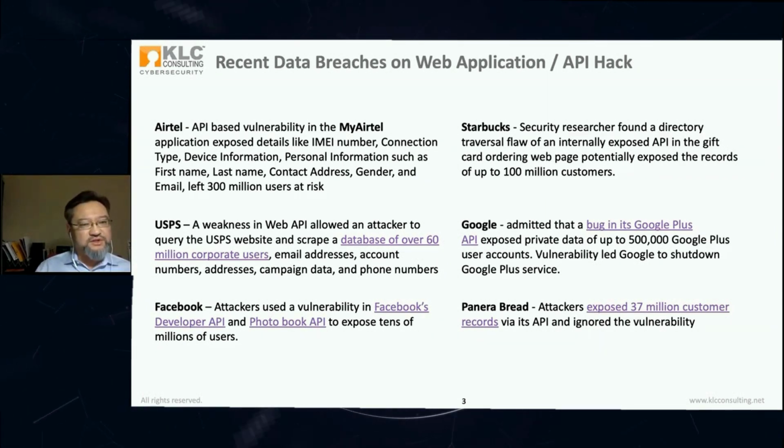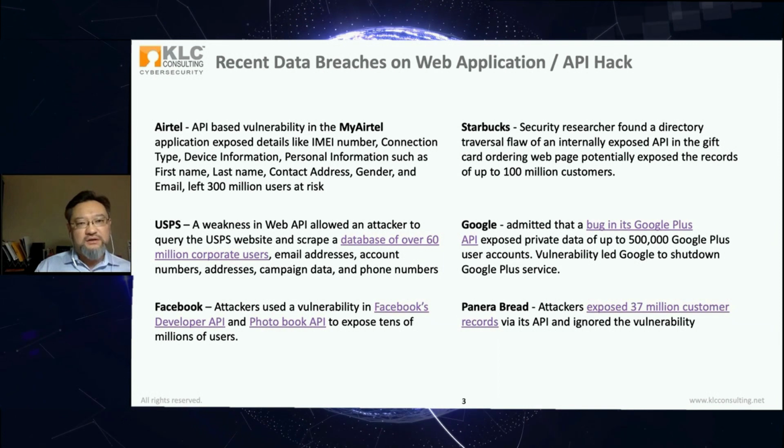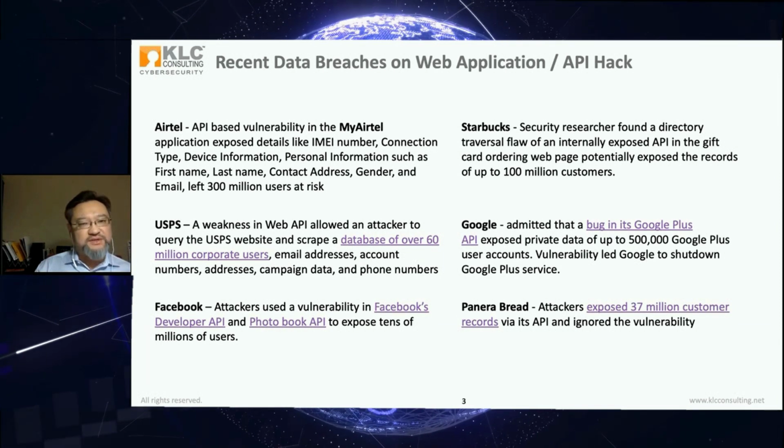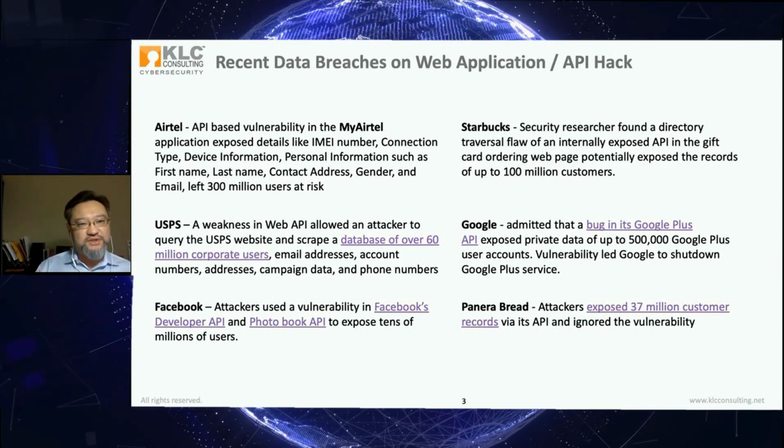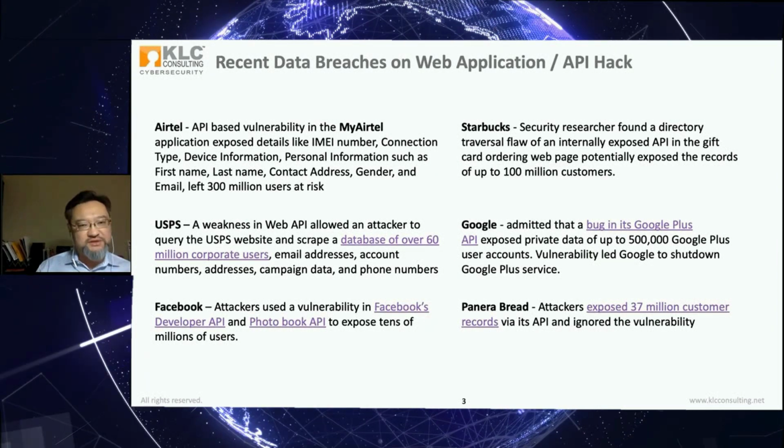Facebook had a similar problem: their developer API exposed tens of millions of users. Starbucks happened just last month, in June 2020. A security researcher found a directory traversal flaw in their internally exposed API, which they're not supposed to expose to the outside, and it left 100 million customers exposed.